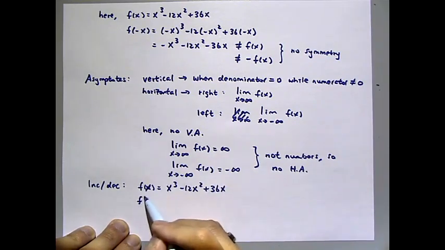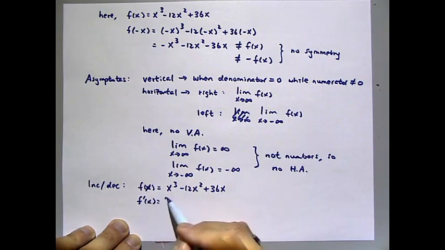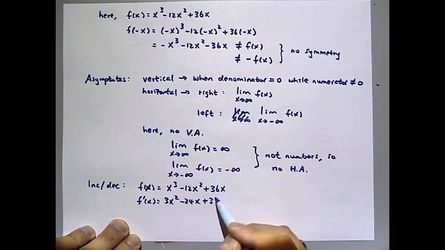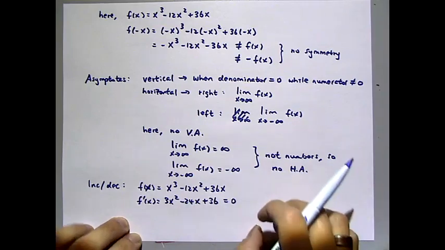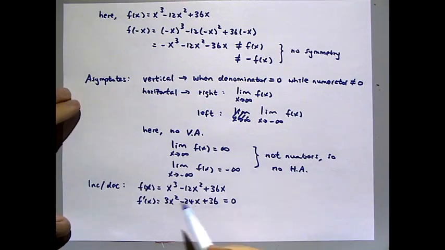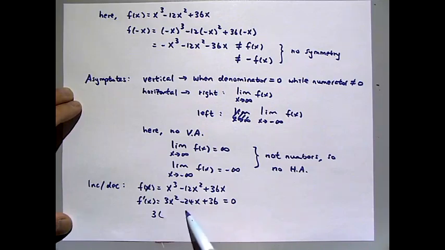Remember, increasing and decreasing deals with the first derivative. Make that equal to 0. Find the critical numbers. You can take out a 3 and then factor that.